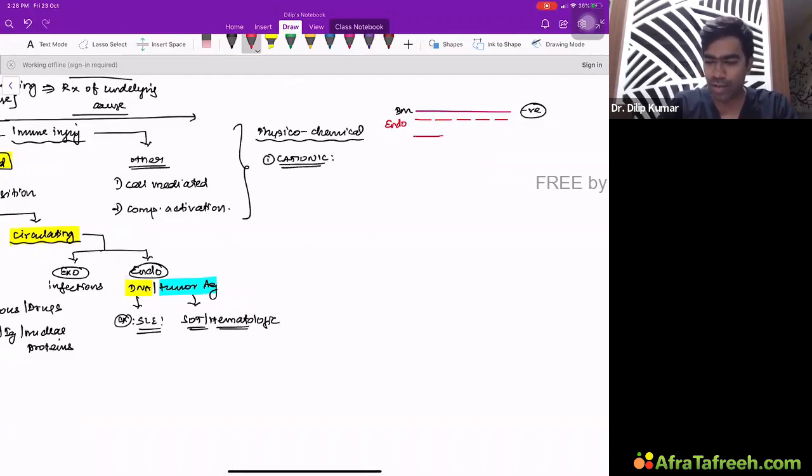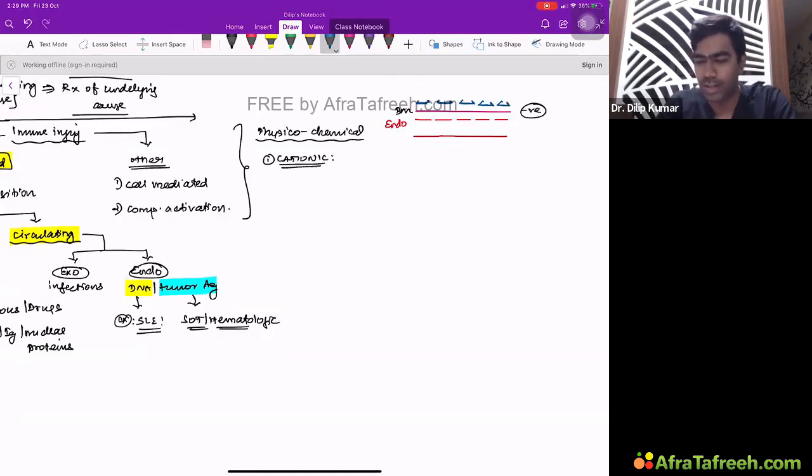And we do have the podocytes, so we can draw the foot processes of the podocytes like this as well. Let us assume these are the foot processes of podocytes.